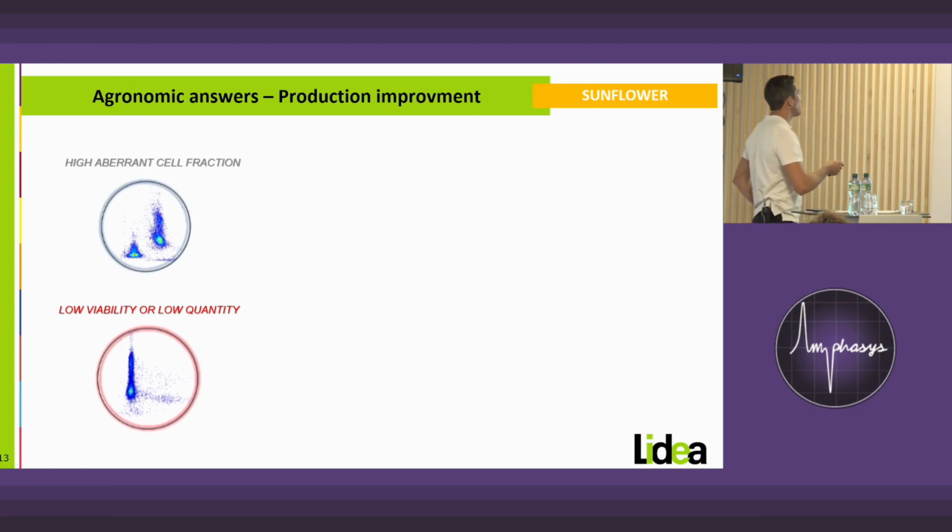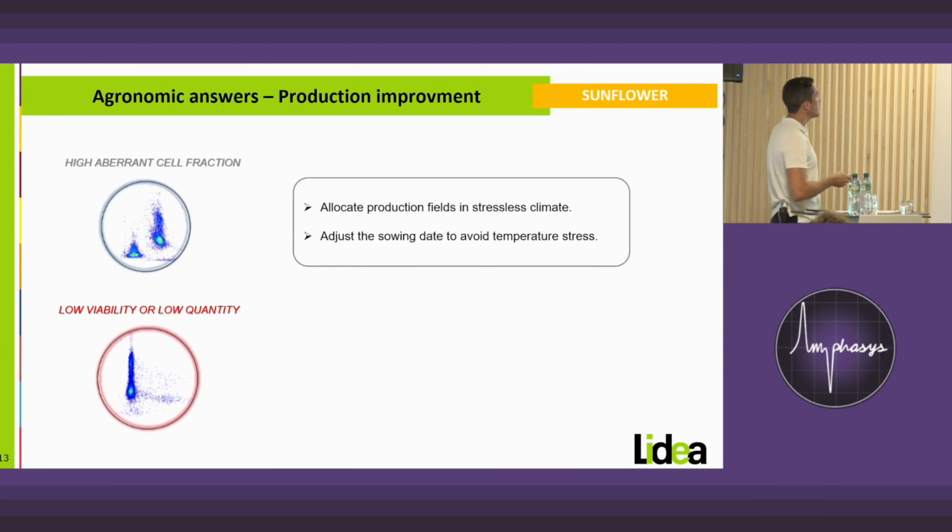Concerning the group with susceptible males, we will allocate the production field in a stressless climate. So we will not produce the variety containing these males in the south of Spain, in the south of France, or in the south of Europe, but in other, stressless climates, like in Switzerland, maybe. We will see a production field of sunflower just here.